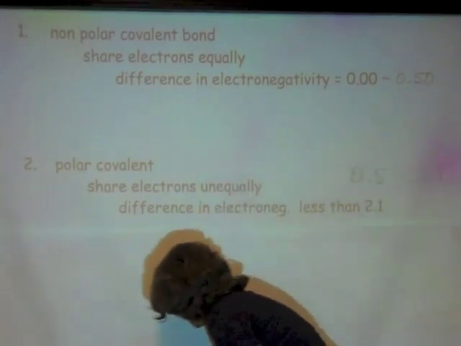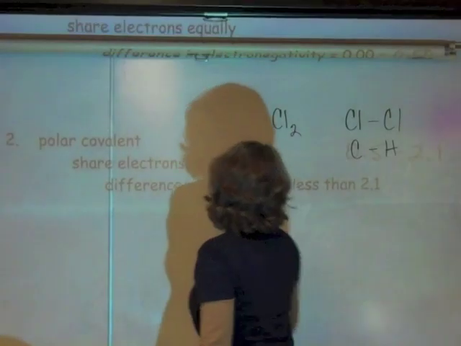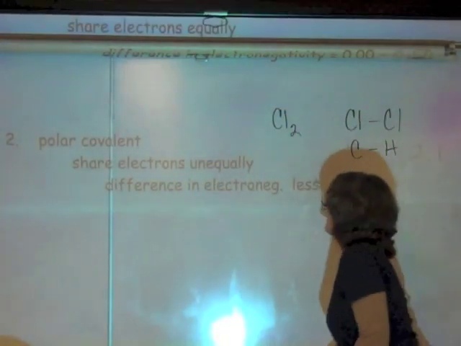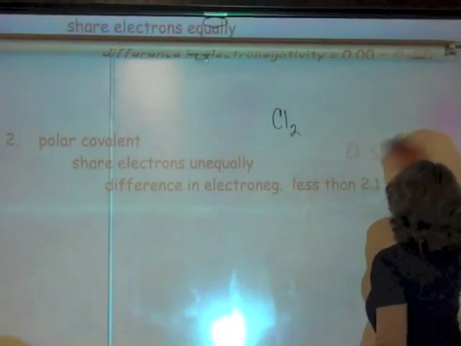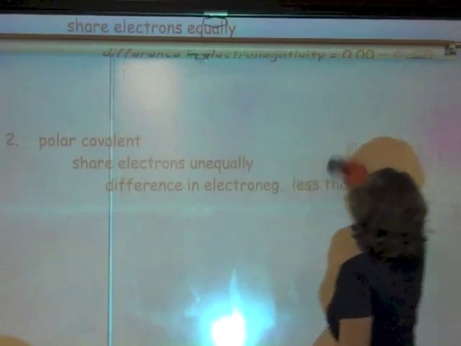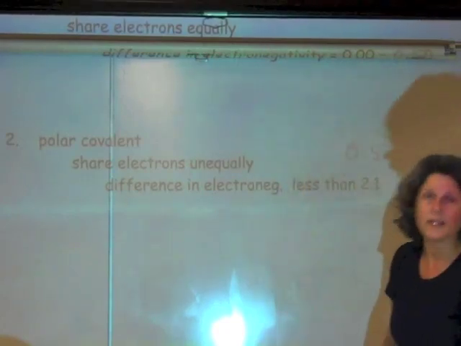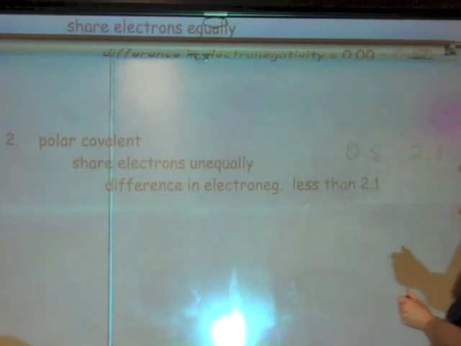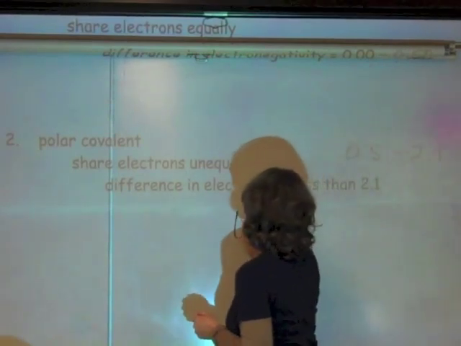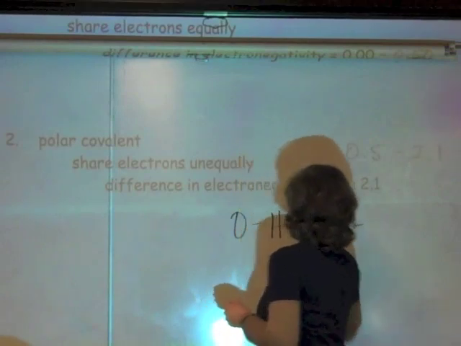Now, what are some examples of polar covalent bonds? Well, let's do an important one here. Let's do the oxygen-hydrogen bond. Oxygen, hydrogen.